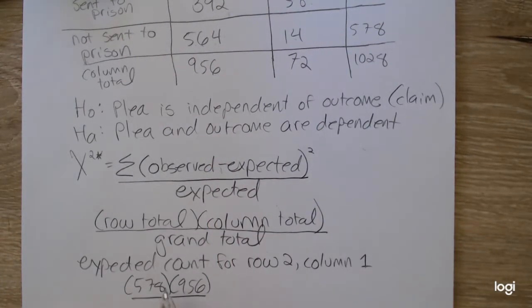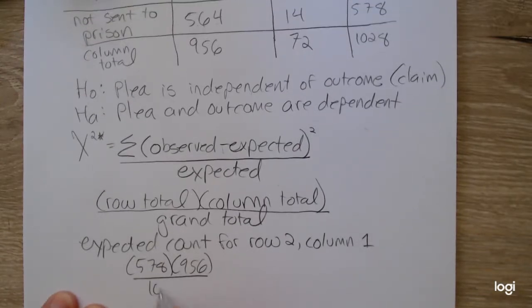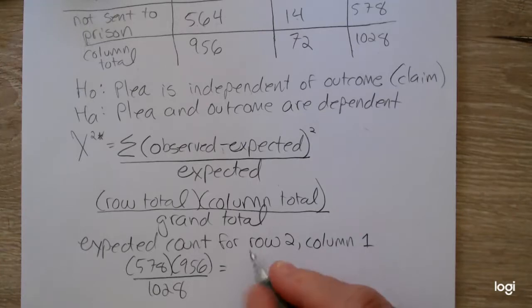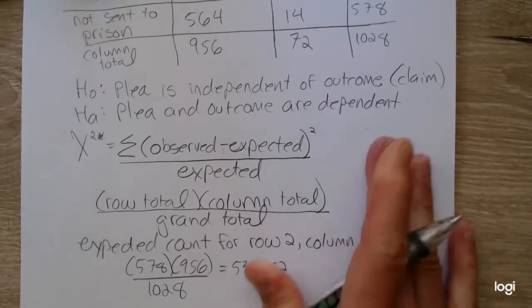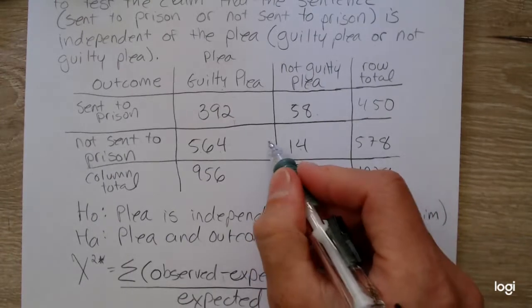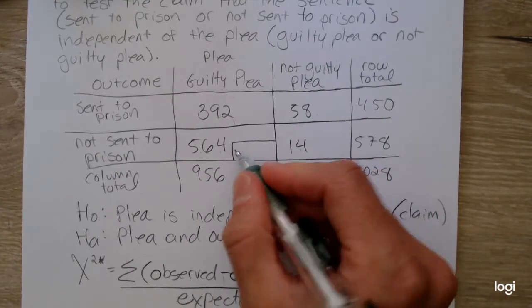And then divide by the grand total. Okay, so turning on my calculator, I get a value of 537.52. So that is the expected count just for this cell.